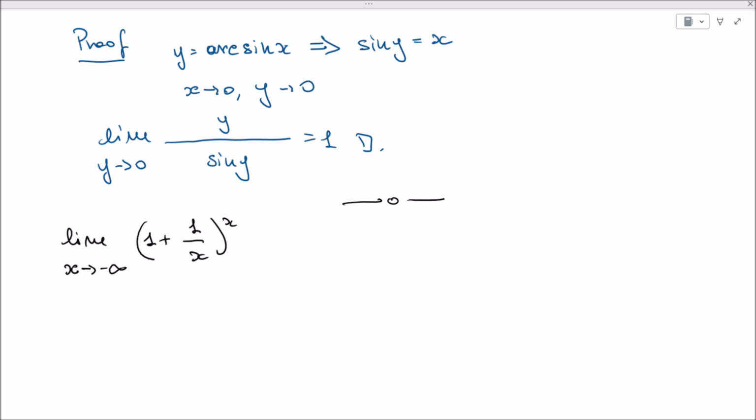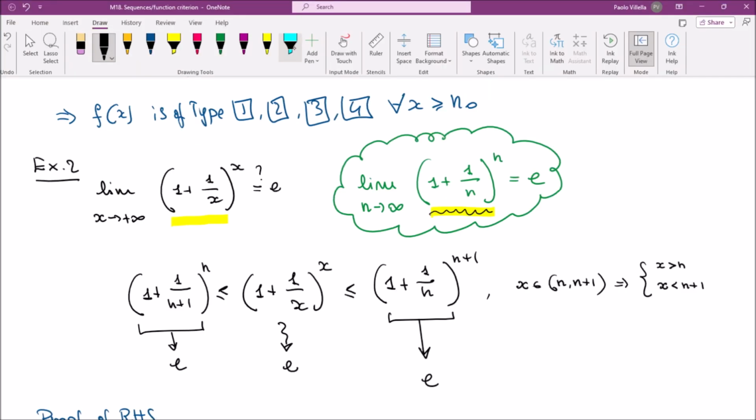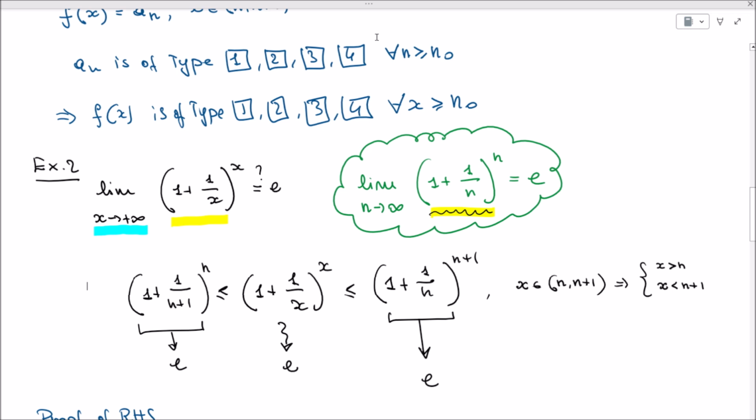So the only difference that we have now is that instead of having x to plus infinity, we have x to minus infinity in this new limit. Okay? So how can we prove this limit?